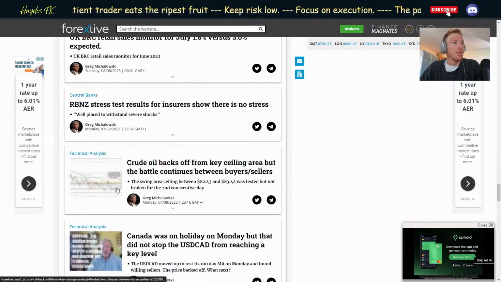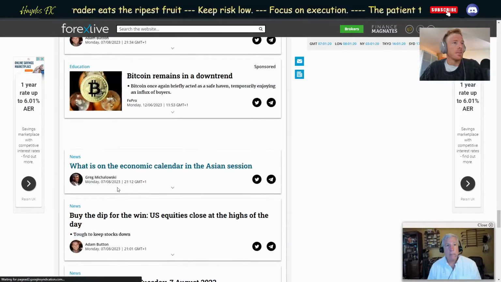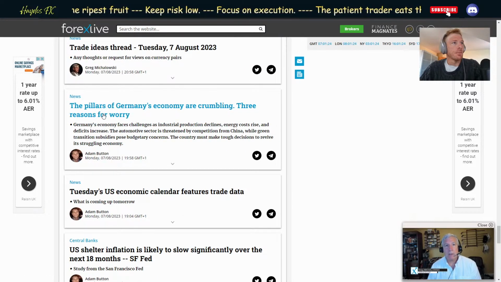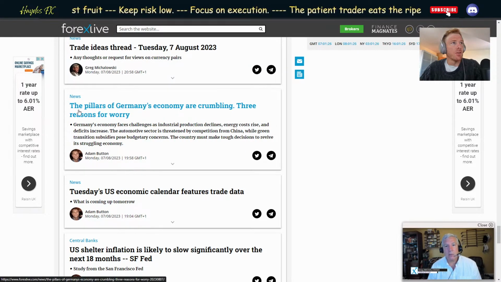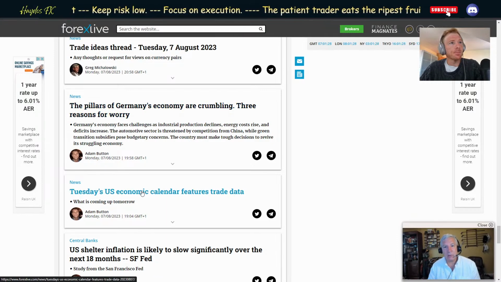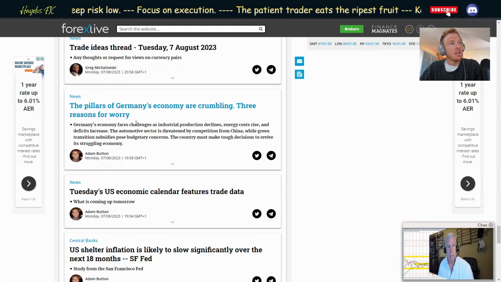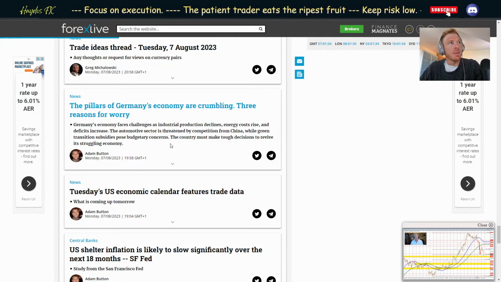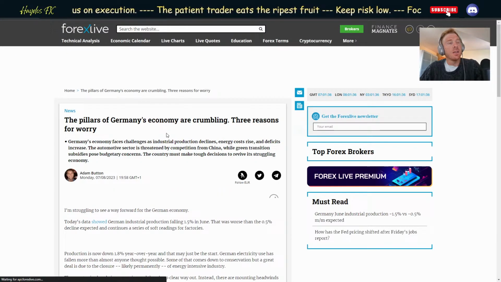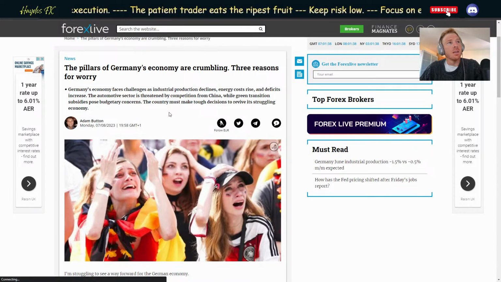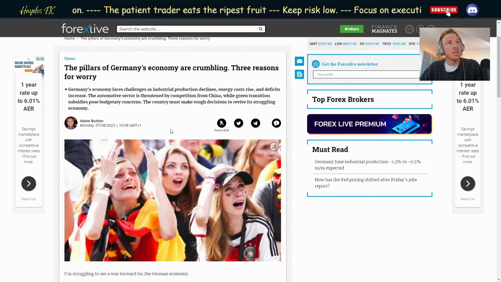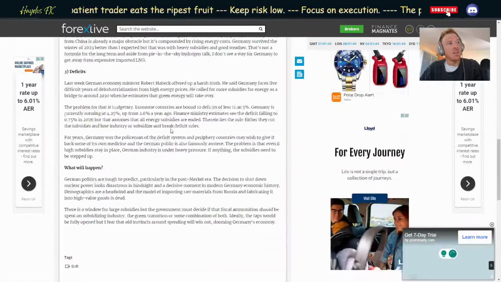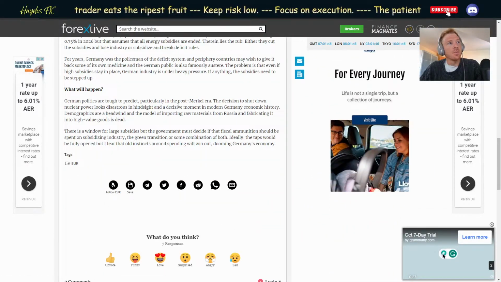Oh, Japanese news. Read this one: The pillars of Germany's economy are crumbling, 3 reasons for worry. Have a little read of that one. It doesn't make sense why German stocks are just smashing everything. It's a good little article.